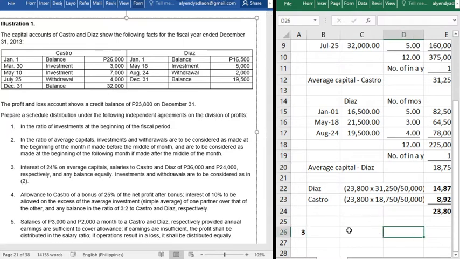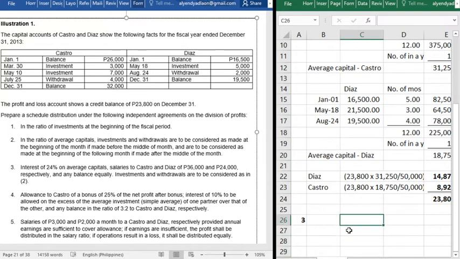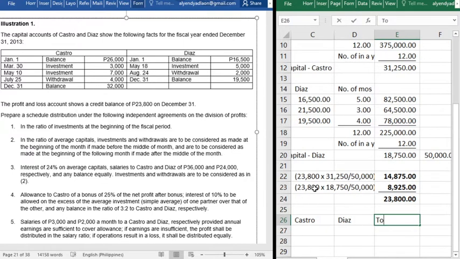This table, class, is very important because it is the one that we usually follow in answering partnership operation problems. It is just a simple table where you put the names of the partners and then the total.